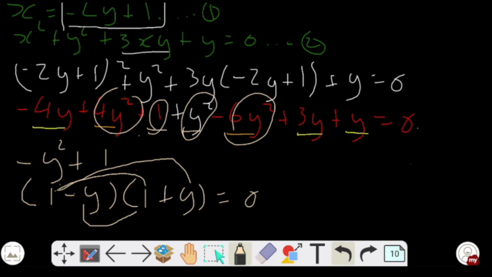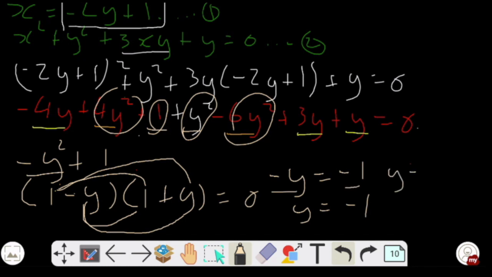The y's are going to cancel out, and then here we have minus y times positive y, which is negative y squared, meaning your terms should be minus y equals negative 1, or your y equals negative 1. And then let's get rid of this minus here, meaning your y will be 1.